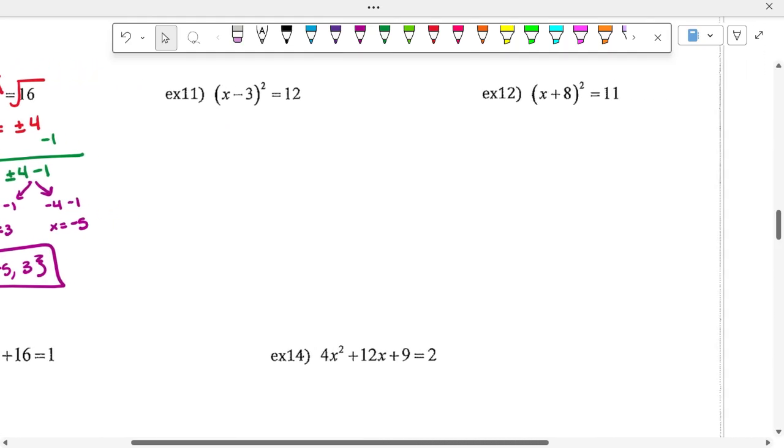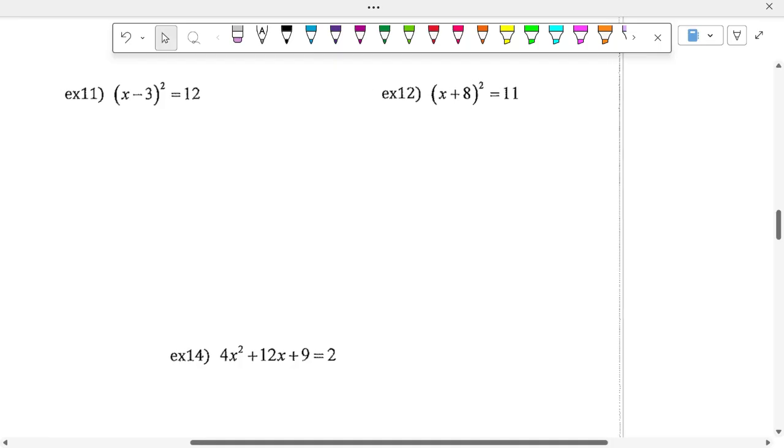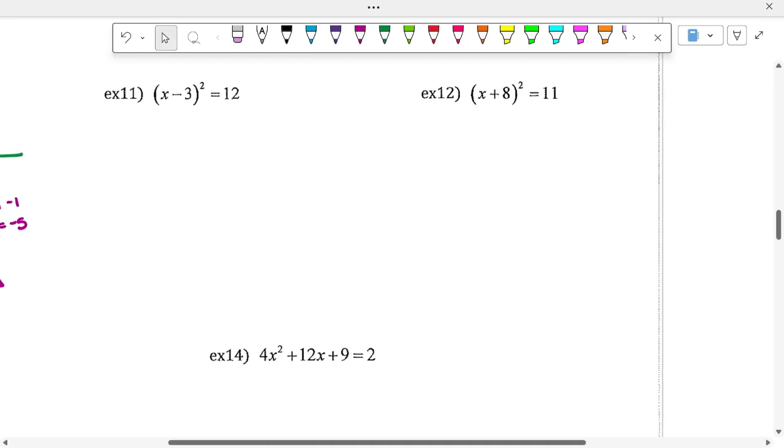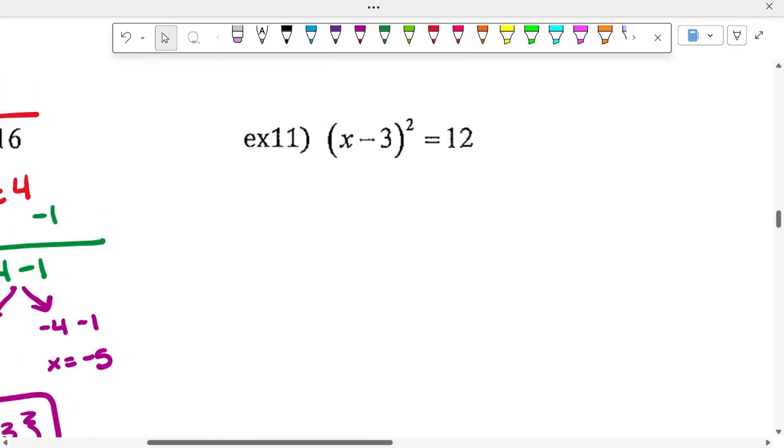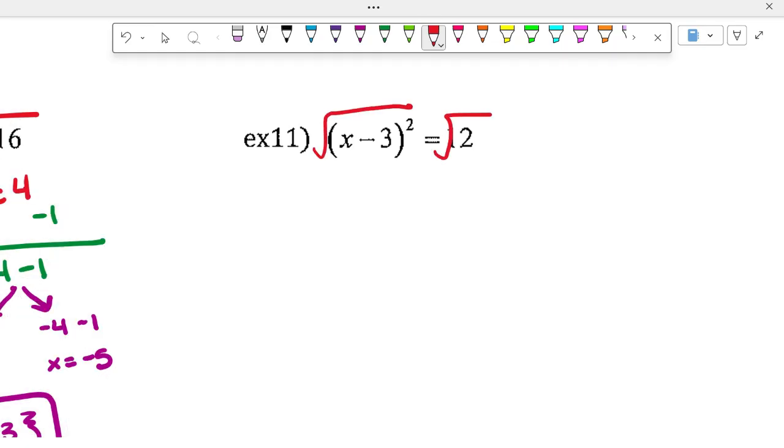Let's look at example 11 now. So if we follow what we did in the first one, what do I do first? Square root both sides. So that goes bye-bye.